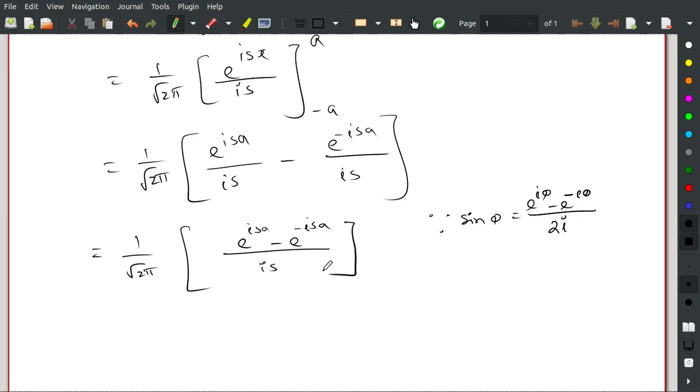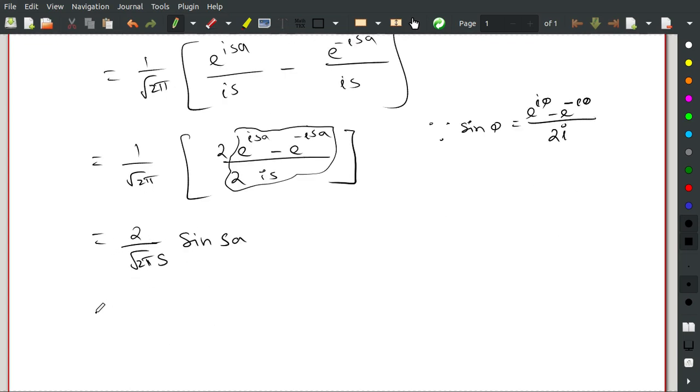The only thing we are missing is 2, so we multiply and divide by 2. Taking this 2 outside, we have 2 by root 2 pi, and instead of this we can write sine sa.